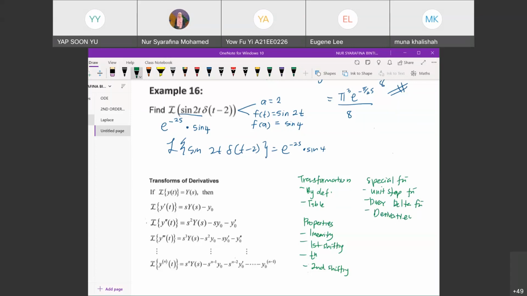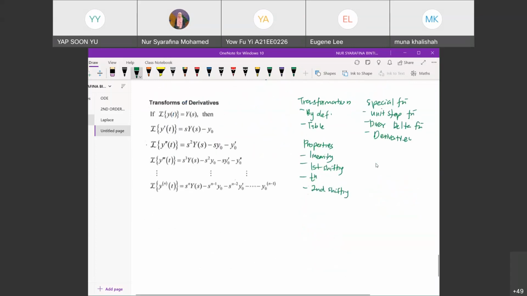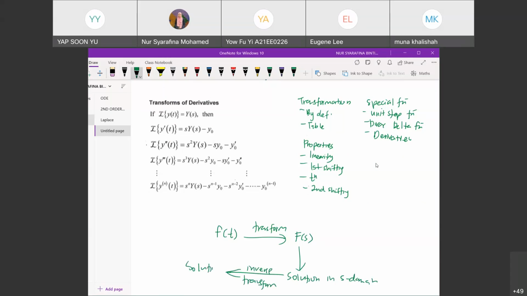So now you have learned all the basics of transformation. Remember, our main focus is to transform. We have a function, we transform, we find the solution in the S domain, and again we inverse transform to get the solution in our original domain.